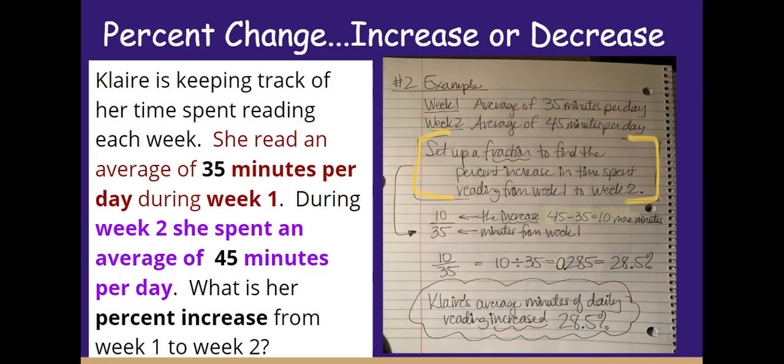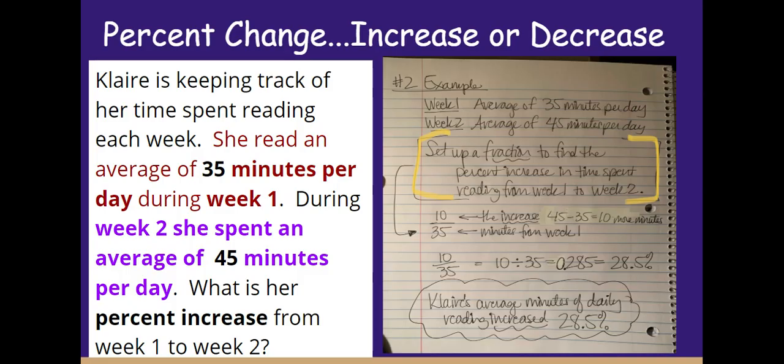So here's where the numbers come from. I like to start on the bottom, 35. The denominator is 35 because that's the minutes from week 1. It's always where you started from. The denominator is that out of, but it's always out of the original. It's out of whatever was our initial 100%, our first amount. And then the numerator is 10.